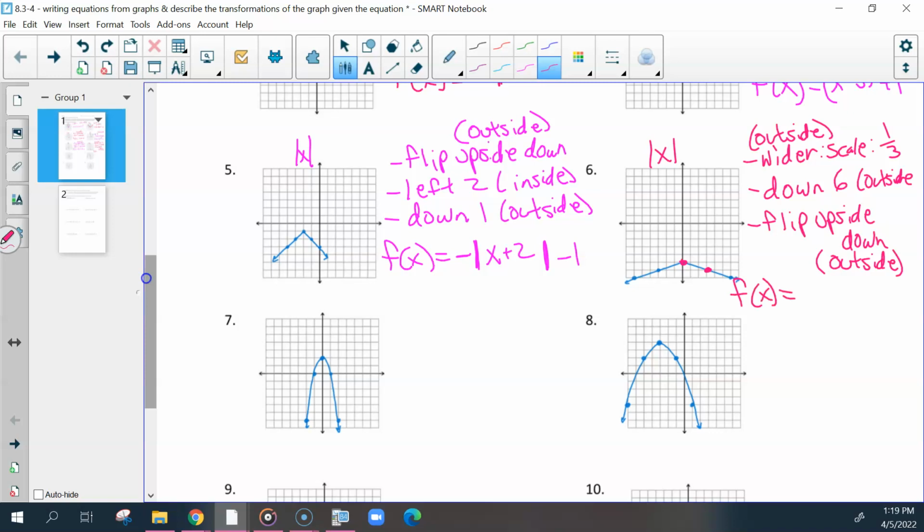So this would start off f of x equals, what would go first? The negative. And then the 1/3.